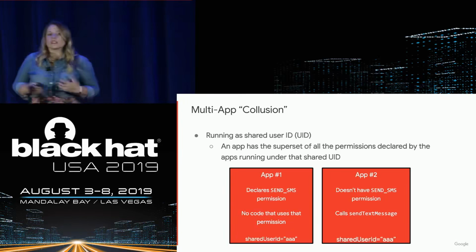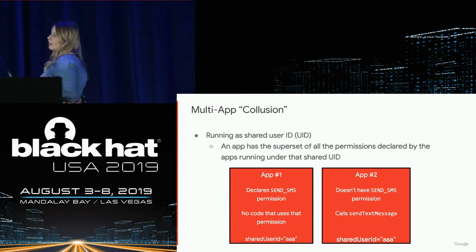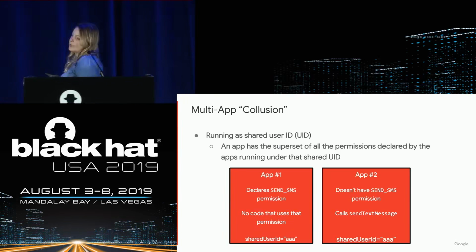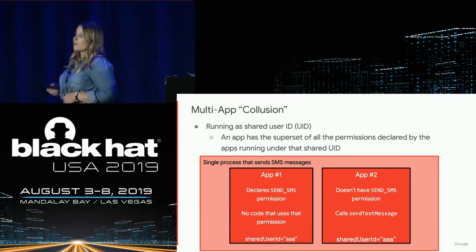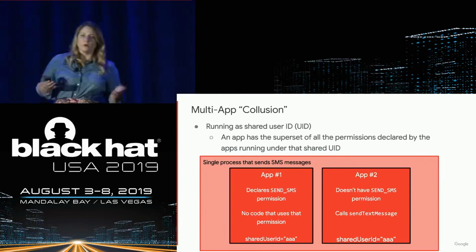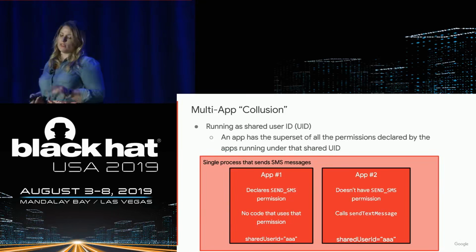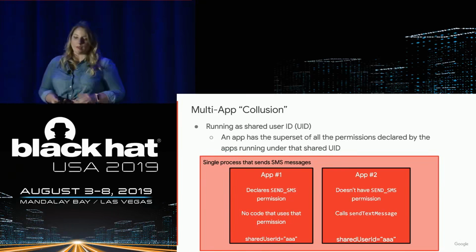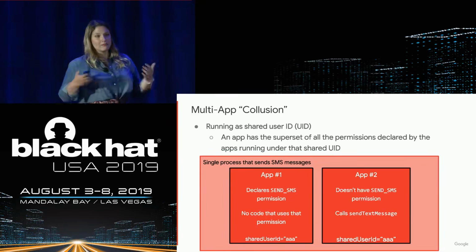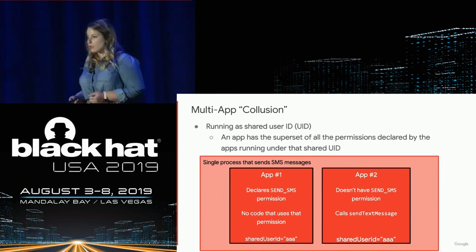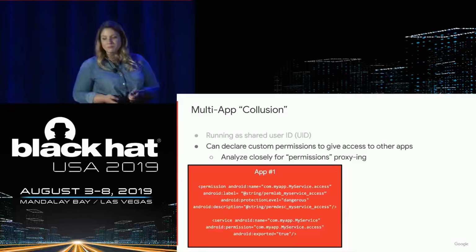And then you take a look at their manifest and realize that both of them declare the same shared user ID and are signed with the same key. So to the device, it looks like they're running as a single process with code that calls send text message, and they have the permission send SMS. And so together is how they're malicious, and each individually, though, appear to be benign.